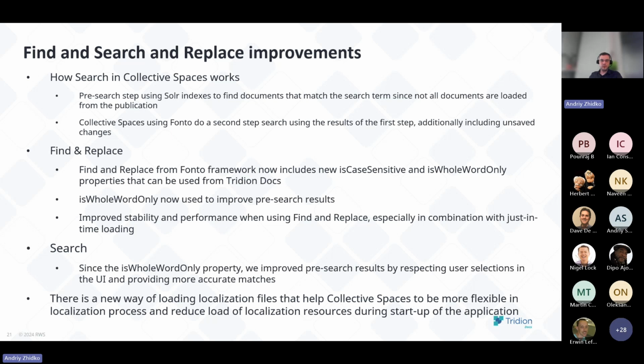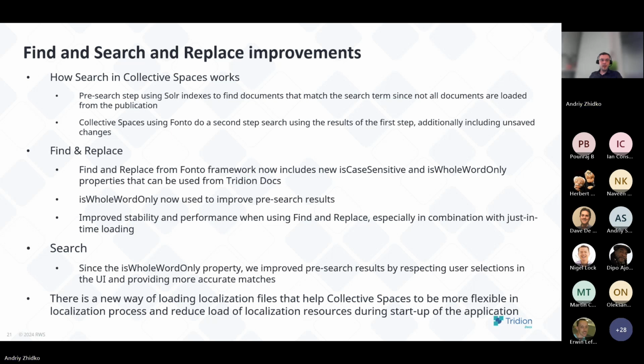As I said, these two properties are used for both find and replace and search. And for search, the isWholeWordOnly property allows us to improve the pre-search results, and we are also respecting the user selection in the UI.